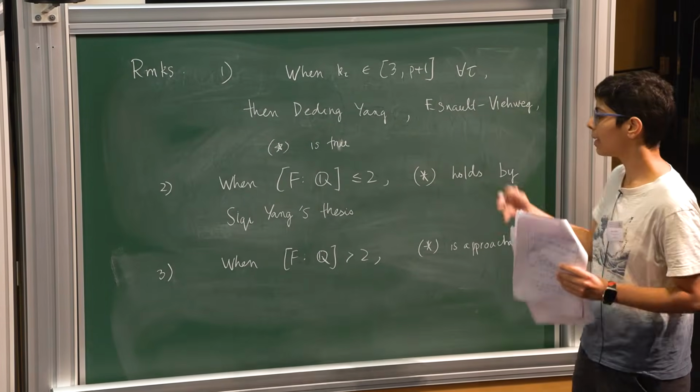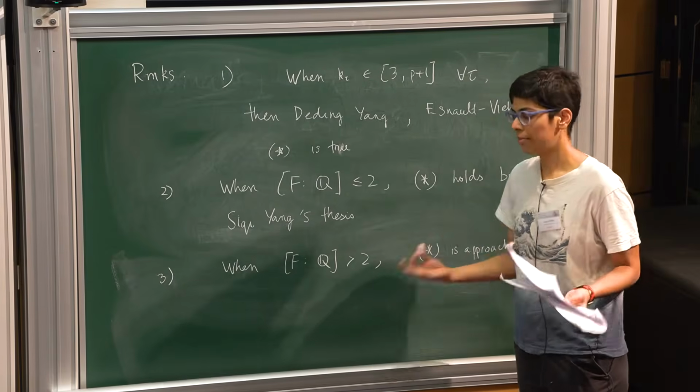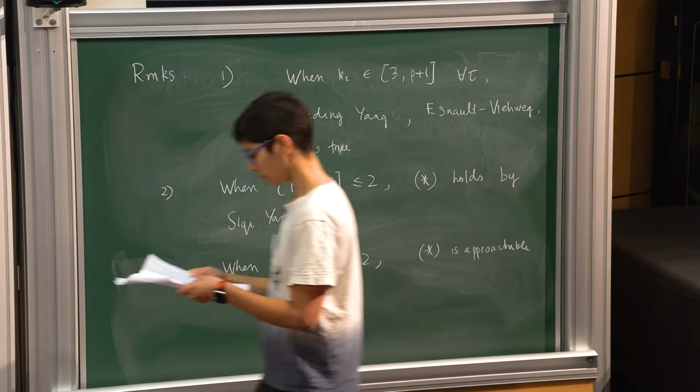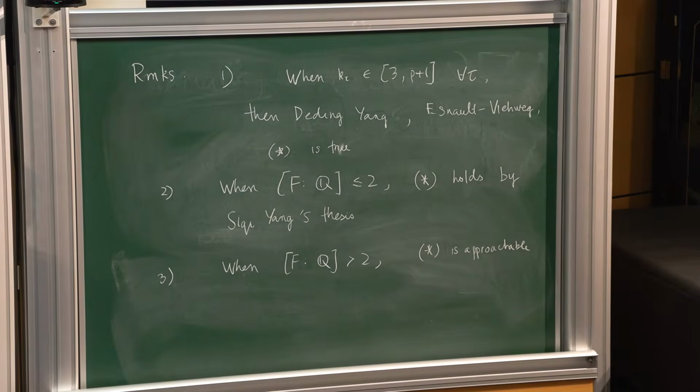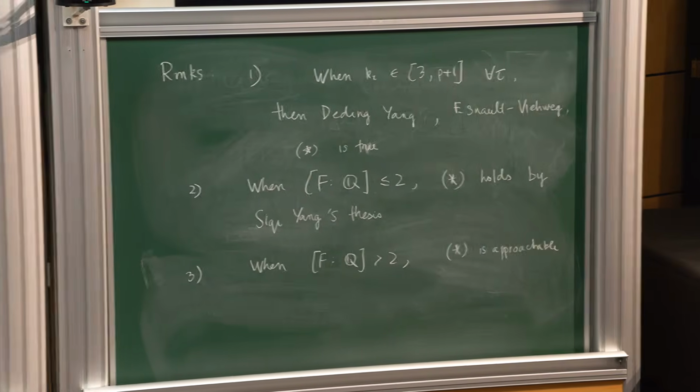And somehow you have to deal with the case that you're not lifting to characteristic 0, where you have a lot more tools available. All right. So I guess the key point is that it's not, in some sense, a very conjectural theorem. The hypothesis is very, very reasonable and hopefully approachable.